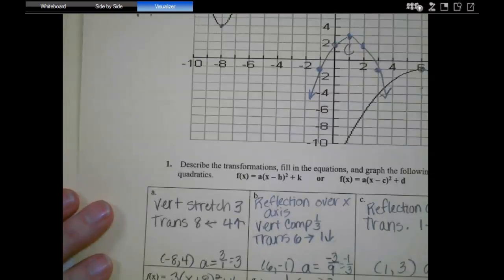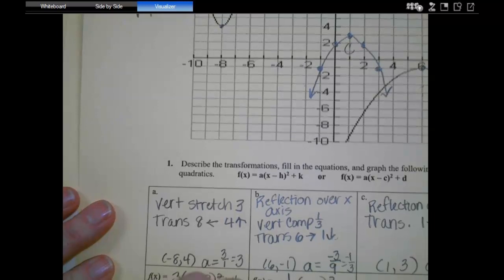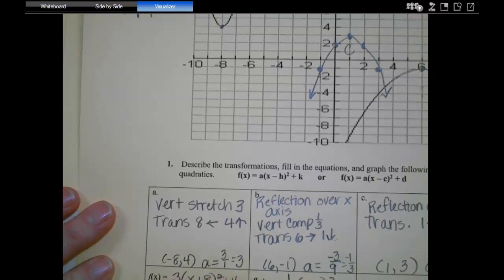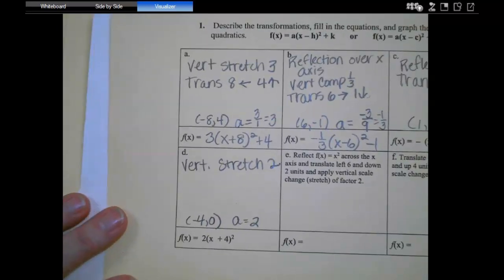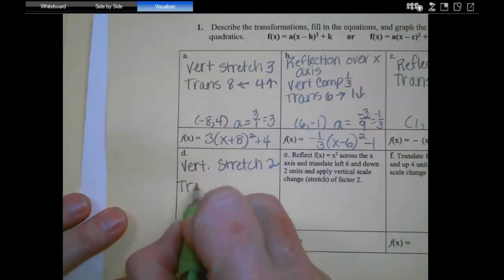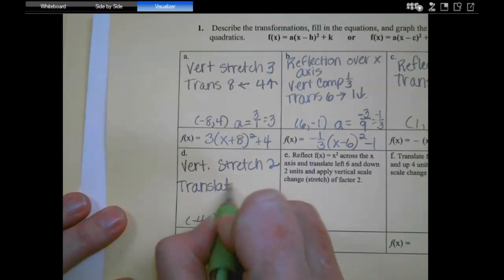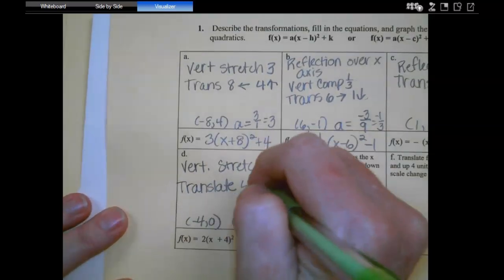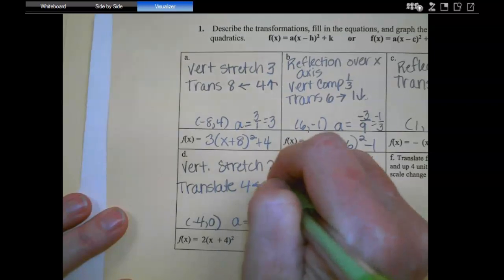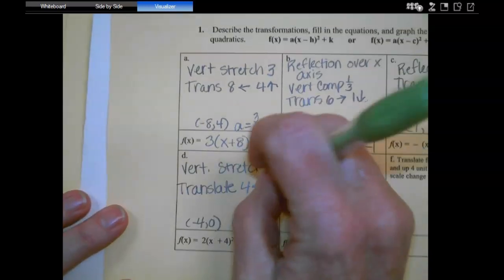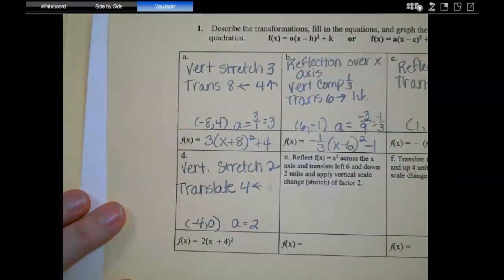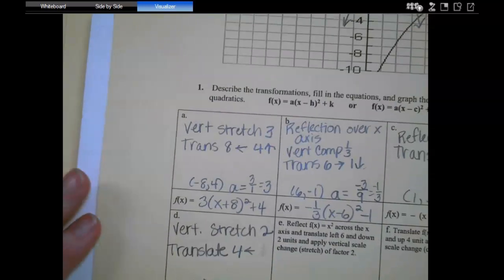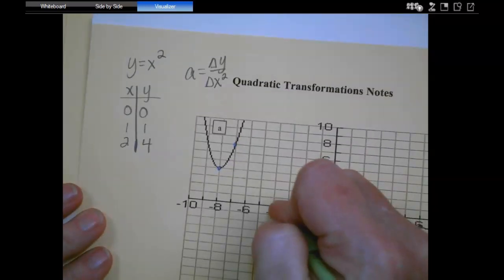All right, so I'm going to have a vertical stretch of 2, and I'm going to translate 4 to the left. So I'm going to put -4, 0.